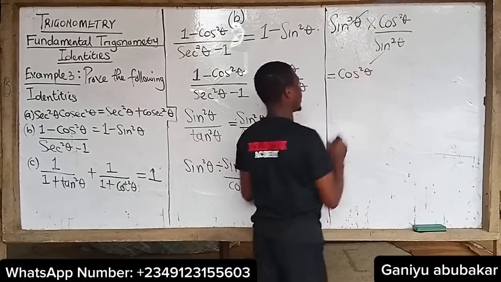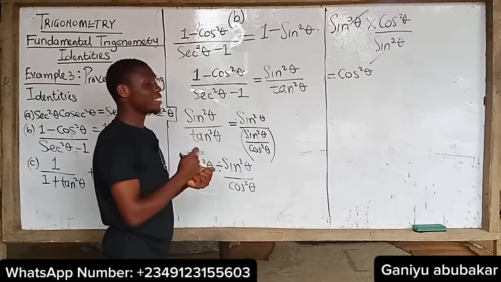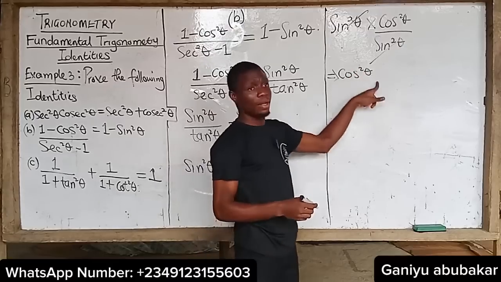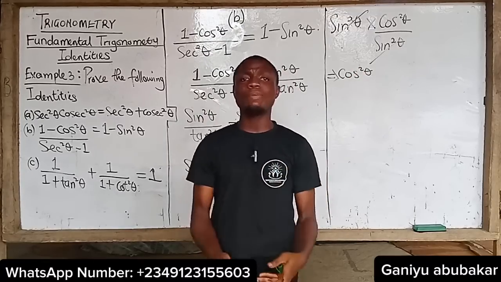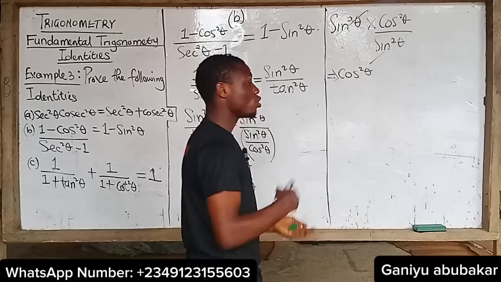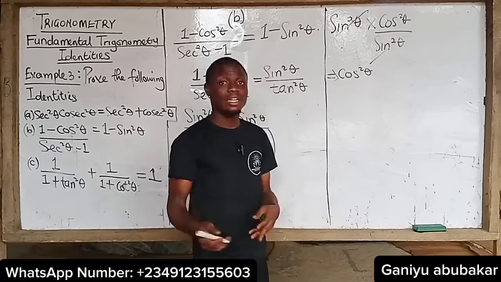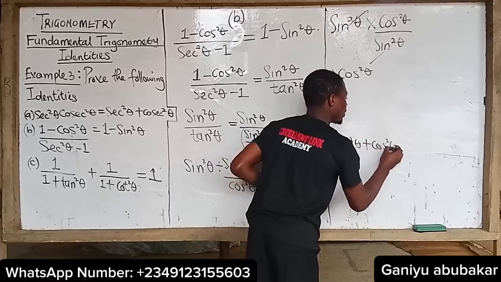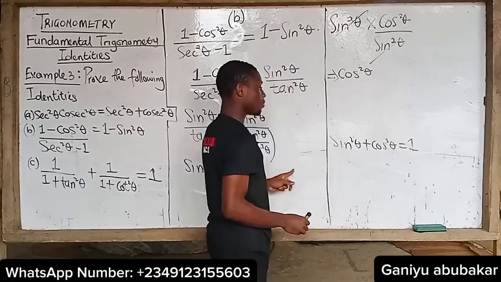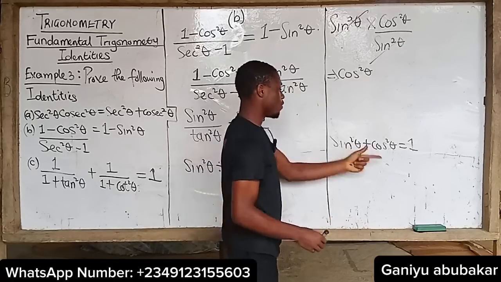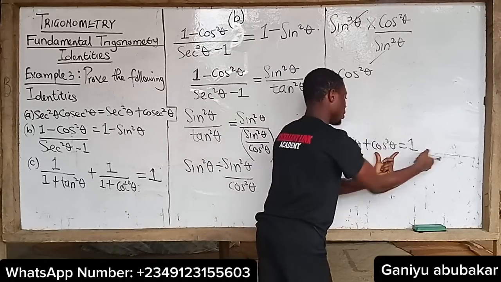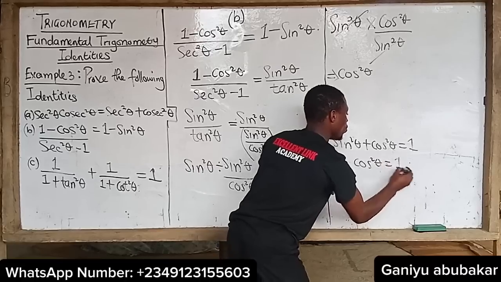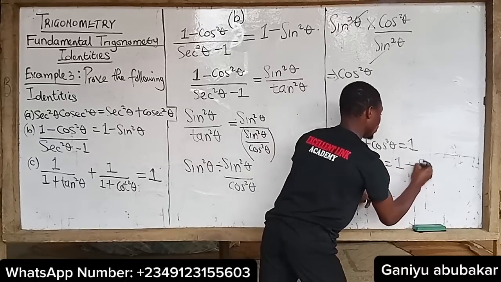But we know that we are trying to express our answer in this form. So my final solution now is cos squared theta. But still, we can express cos squared theta as being equal to 1 minus sin squared theta. Here's the idea. We said sin squared theta plus cos squared theta is equal to 1. If I make this one the subject, this one comes here, so that I will have cos squared theta is equal to 1 minus sin squared theta.